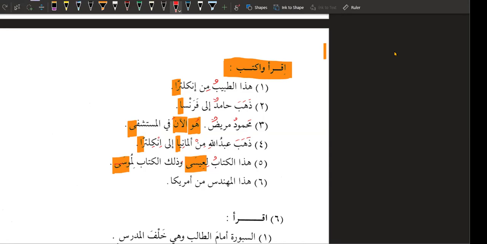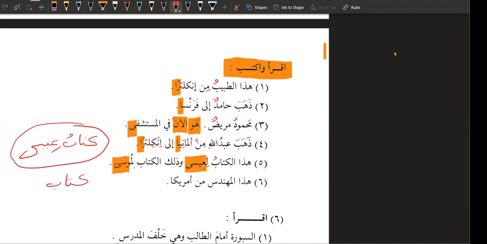No. If you said this is Isa's book, it would be هذا كتاب عيسى, that's مضاف إليه. وهذا الكتاب لعيسى: this book belongs to Isa. فهمت؟ And if you said and that is Musa's book, it would be وهذا كتاب موسى.